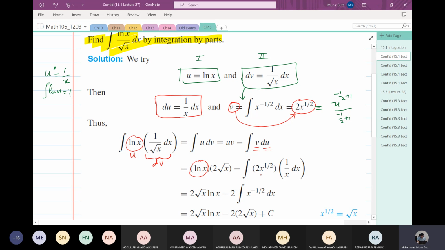Now when you further simplify, these two come out and x is to the power 1 here and it is 1 by 2, so it will be minus 1 by 2.